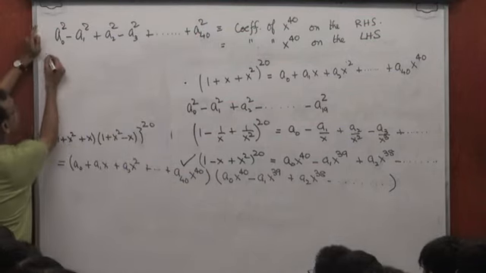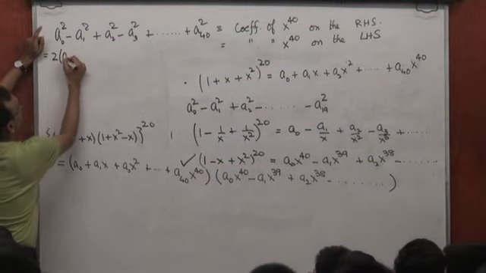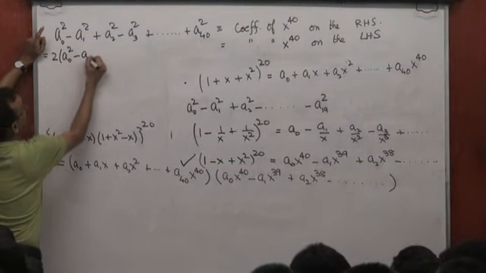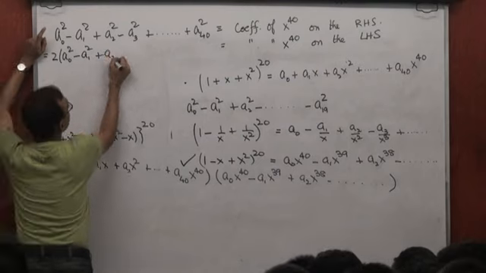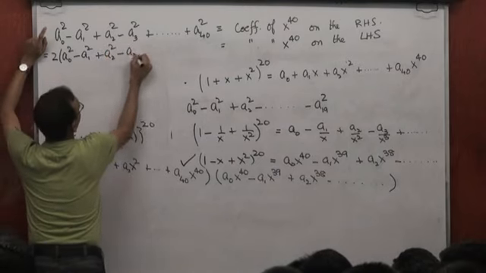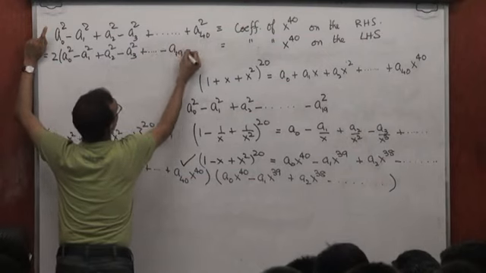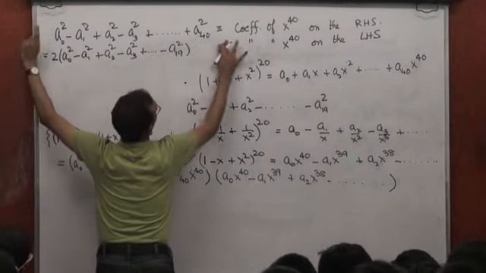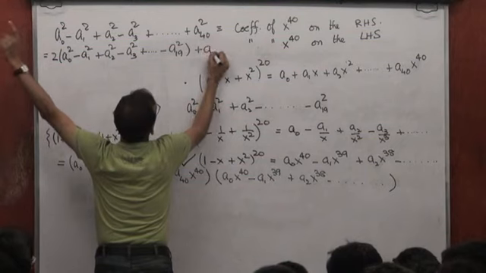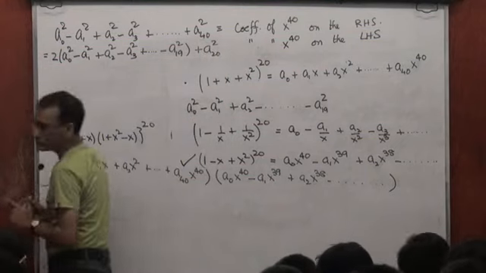So this actually is twice a naught squared minus a1 squared plus a2 squared minus a3 squared up to minus a19 squared, and then there would be an isolated a20 squared. Yes or no?